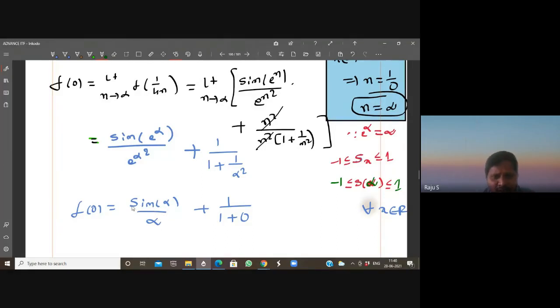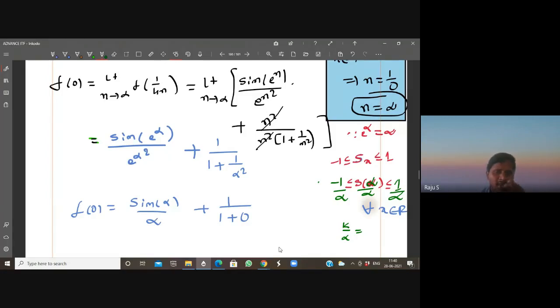So from that, can you tell me what is sin infinity by infinity? For example, k by infinity, where k is a finite value. Anything by infinity is what? What about this k by infinity?